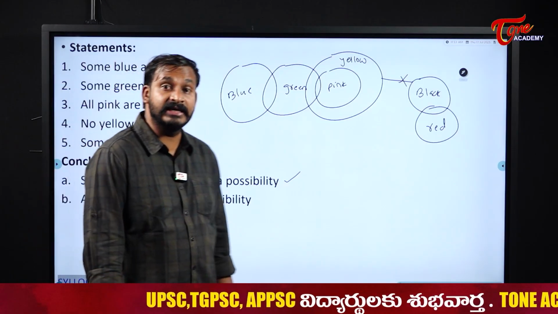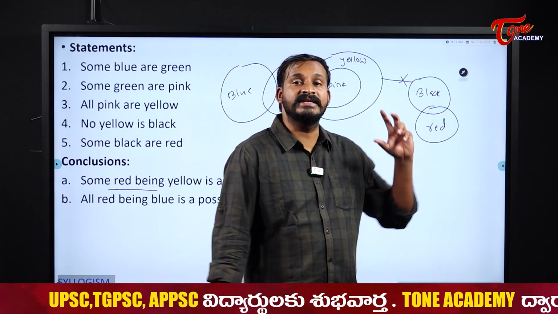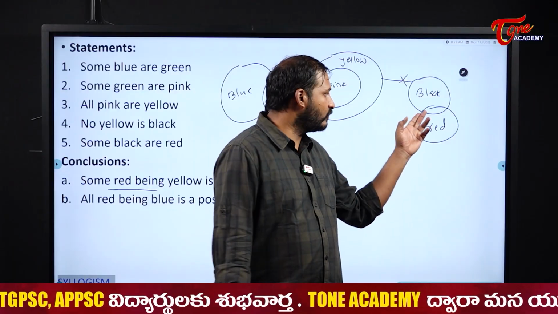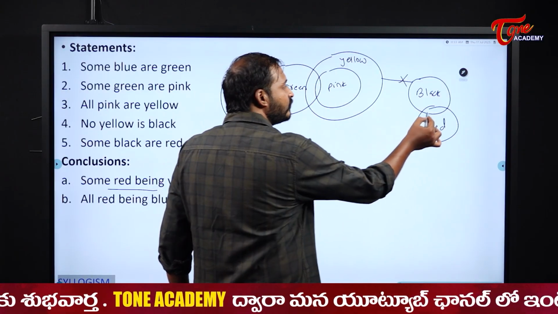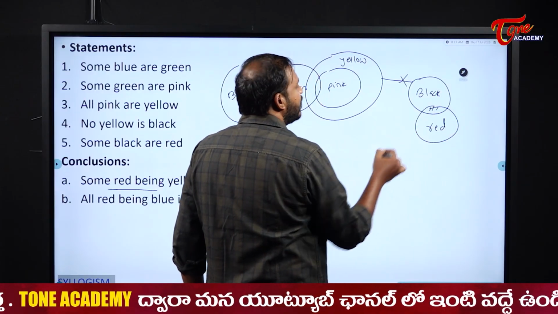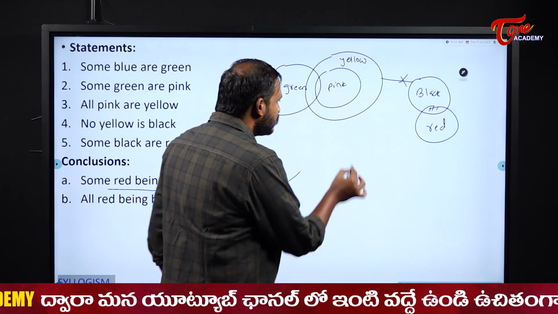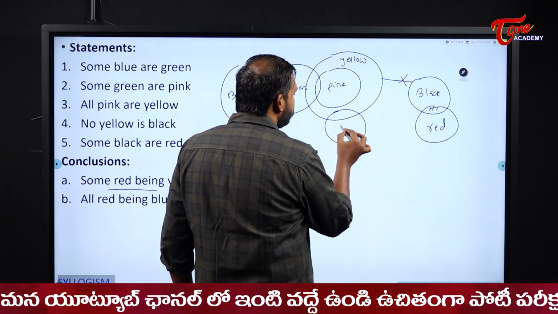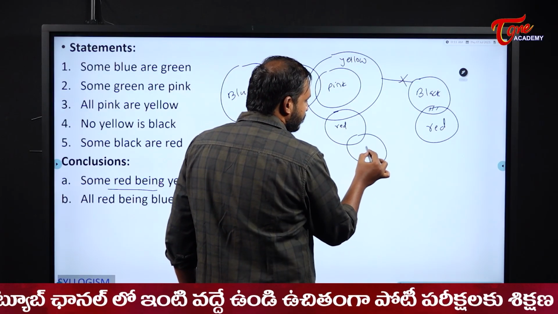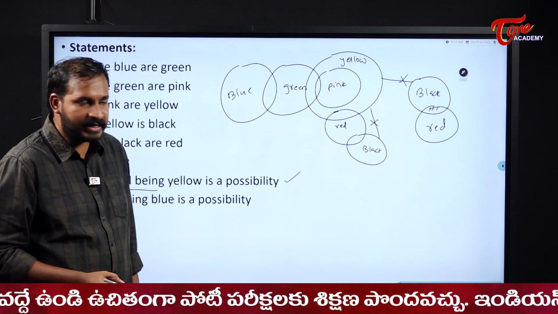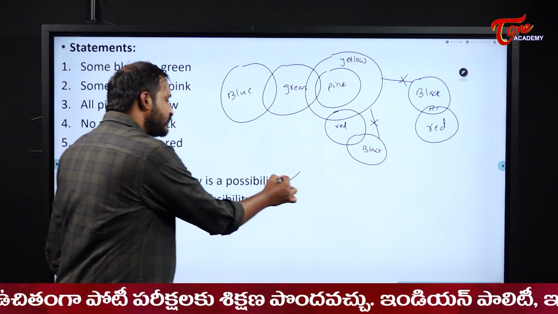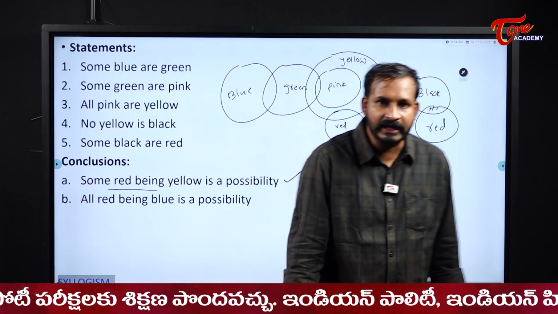In case of some-not we have taken that portion, but here it is only some, so you can take another some. It is a possibility condition, right? You can also take this portion and the remaining portion also. There is nothing wrong in that. So some red means I will bring red here and I will draw black here. Is it a possibility? Yes, it is a possibility, right? So that is true for me here. With an alternate diagram, I made it true.